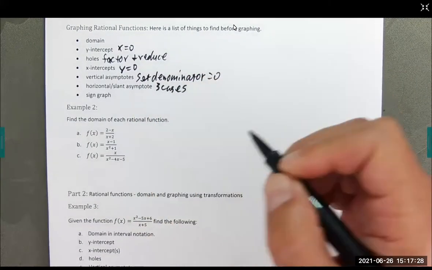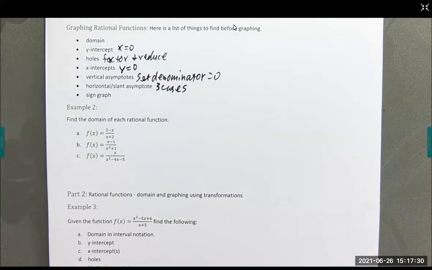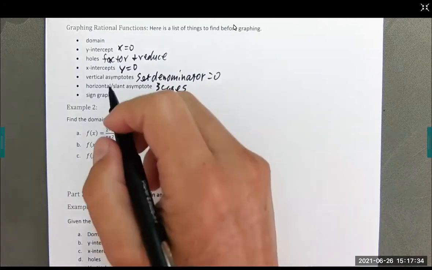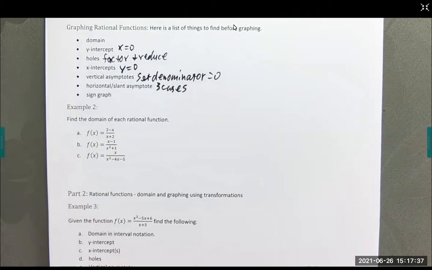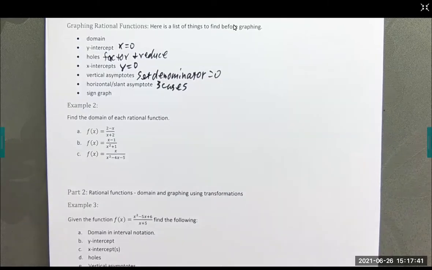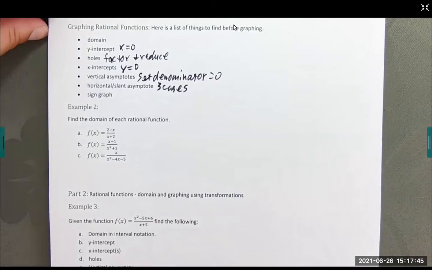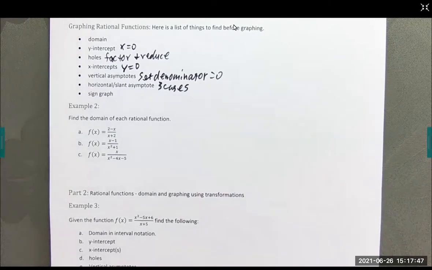It all depends on how the degree of the numerator and denominator compare to one another. The sign graph, I'm going to have to talk more about that in just a few minutes. That'll be whether the graph is positive or negative. We'll get to that, maybe not in this lesson, but in the lesson coming up.